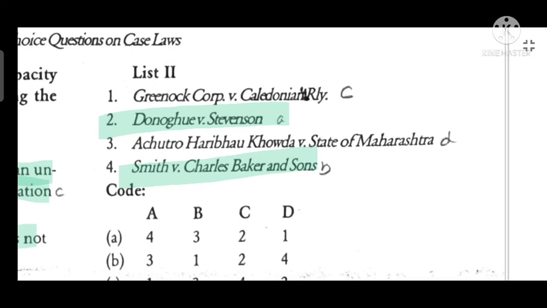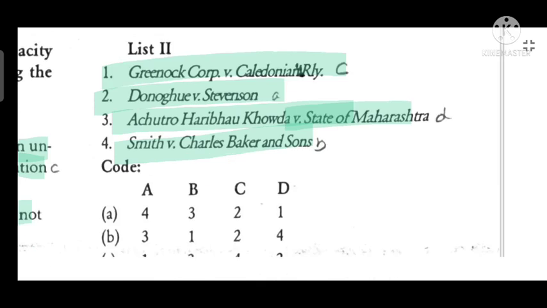Smith versus Charles Baker and Sons, voluntary non-fit injuria. Greenock Corporation versus Caledonian Railway Company. Vis major. Achutrao Haribhau Khodwa versus State of Maharashtra, res ipsa loquitur.